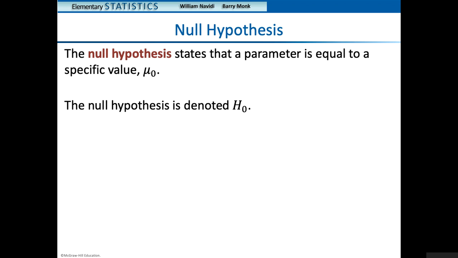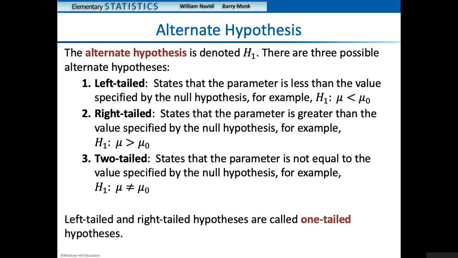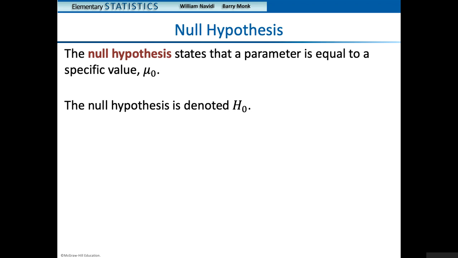So if that's the parameter in question, then the null hypothesis would be the assumption that the population mean, which we use the symbol mu to represent, is equal to some specific value. And a symbol that we use to denote the null hypothesis is the capital H with a subscript of 0. So the null hypothesis will be a statement of equality.